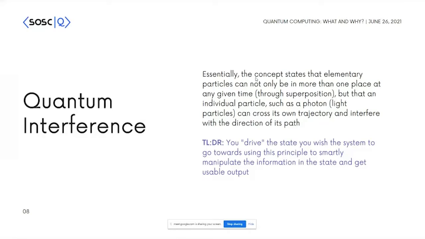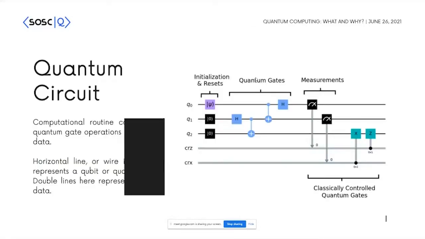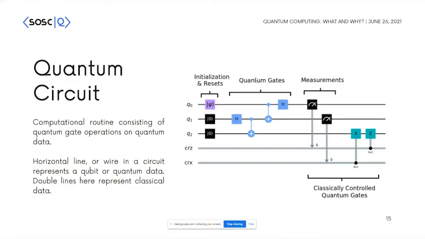So that's where we use interference. What you do is apply gate operations to basically drive the quantum state into what you want it to be, right? So you drive the information into the state, and you get the usable output later. So how do you do that? Well, you do that using something called a quantum circuit.